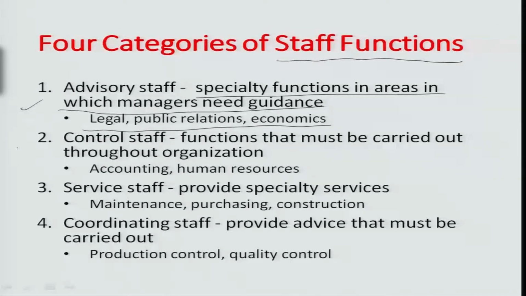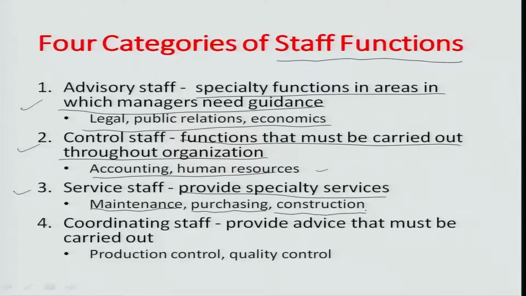There can be control staff, for functions that must be carried out throughout the organization, like accounting or human resources. There are service staff, which would provide specialty services. For example, there could be staff providing maintenance or helping in arriving at purchasing decisions, or even staff responsible for the construction of different facilities or buildings within the framework of the work system.